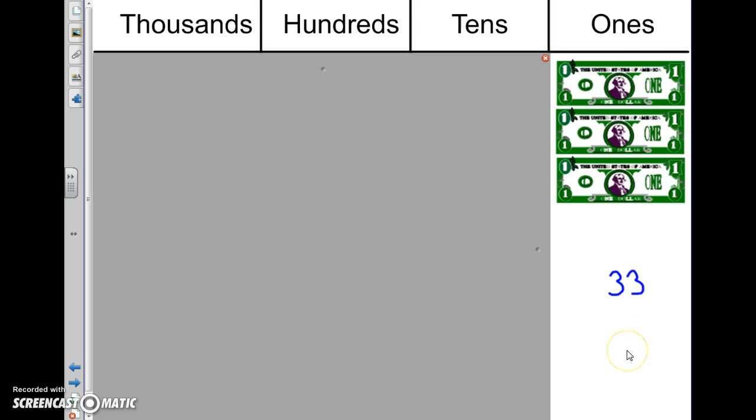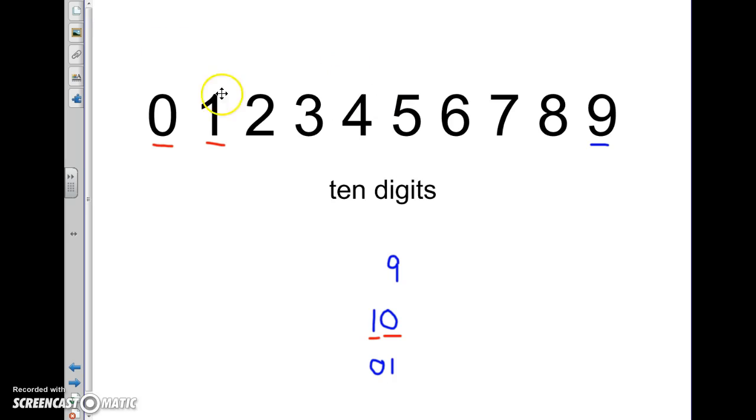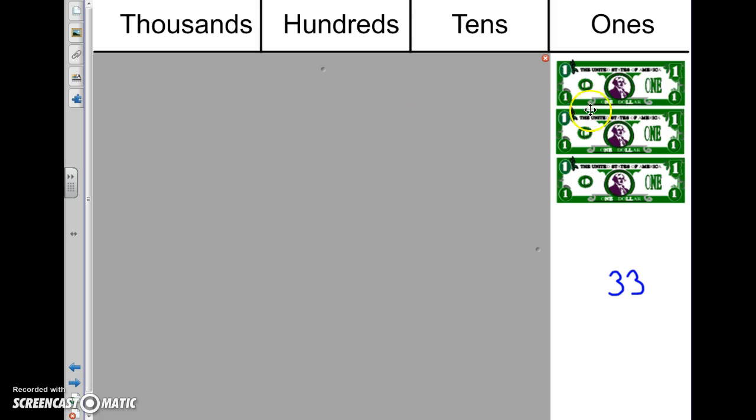The thing is that they won't fit. I can't fit any more than 9 in here, because remember that only a single digit can fit in each place value. The largest single digit that there is is 9. So I could fit 0, 1, 2, 3, 4, 5, 6, 7, 8, 9, but I can't fit any more than 9 singles in here, right? Because there only can be one digit. So this won't work, this 33.